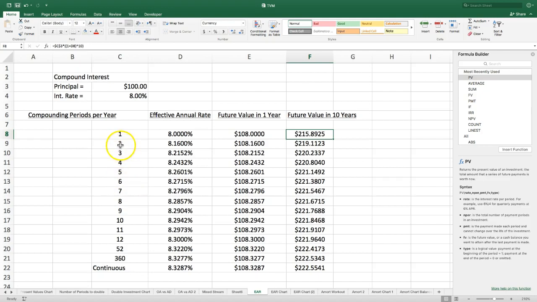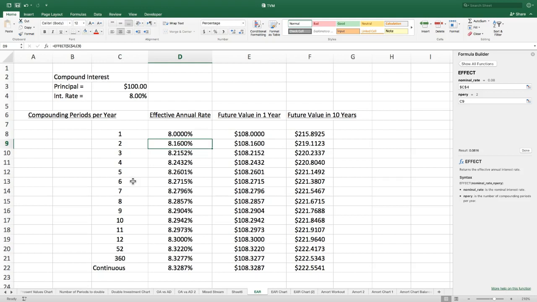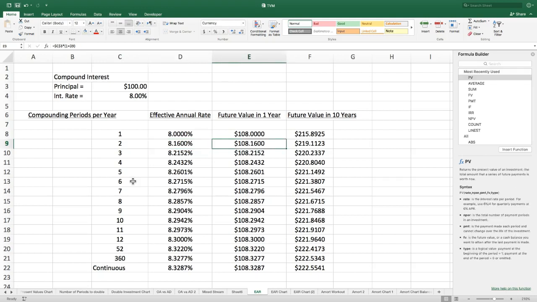If we had semi-annual compounding, so 2 compounding periods per year, the effective annual rate was 8.16%. The future value in 1 year is not much difference, right? It's only 16 cents more compared to compounding on an annual basis. And after 10 years, though, the difference grows to about what? Somewhere between $3 and $4, between $2.19 and $2.15.